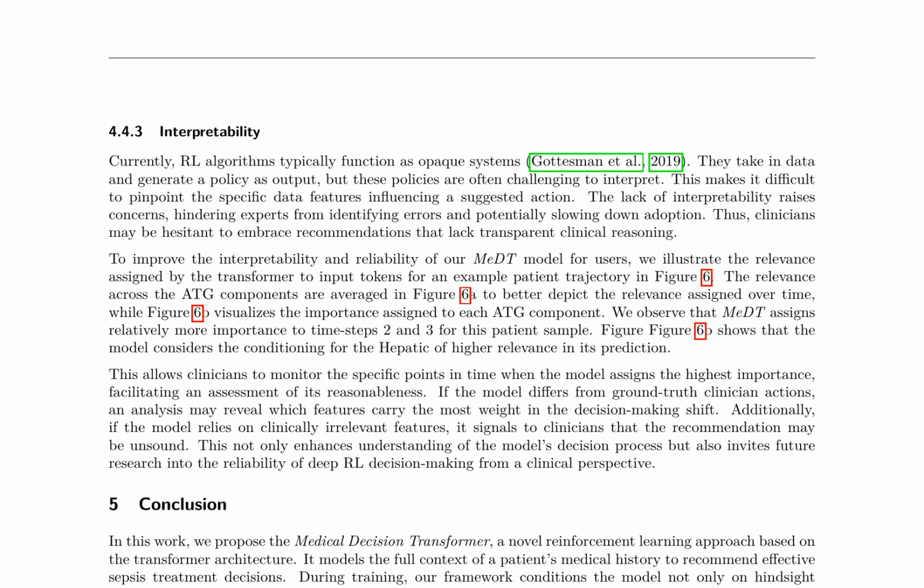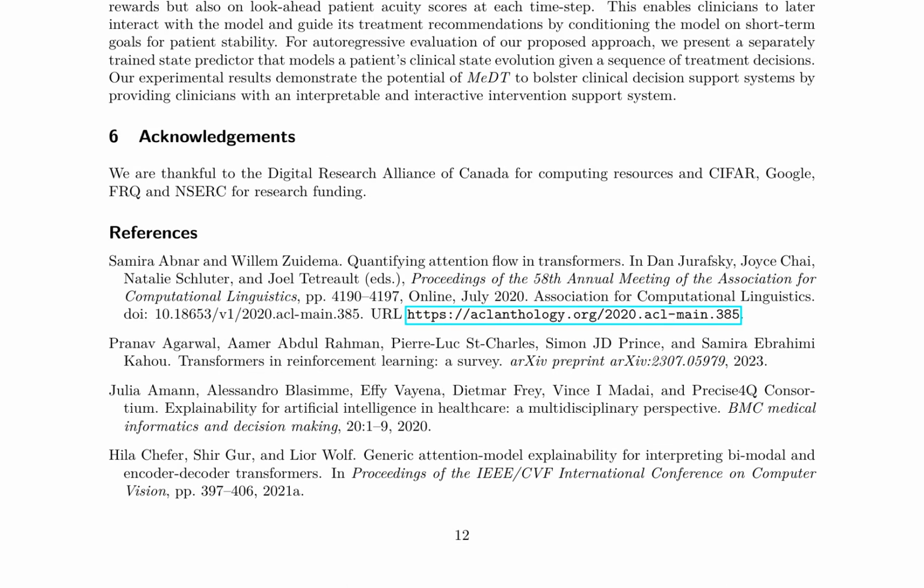By providing insights into the model's decision-making process, clinicians can identify potential errors and assess the reliability of the recommendations. If the model differs from ground truth clinician actions, an analysis can reveal which features carry the most weight in the decision-making shift. This not only enhances understanding of the model's decision process but also invites future research into the reliability of deep RL decision-making from a clinical perspective.